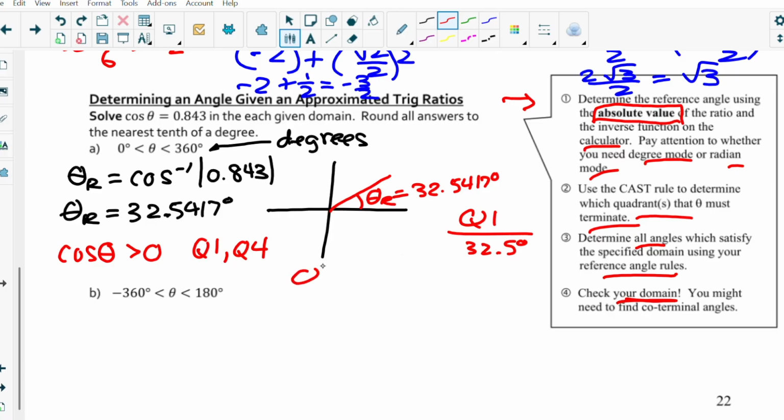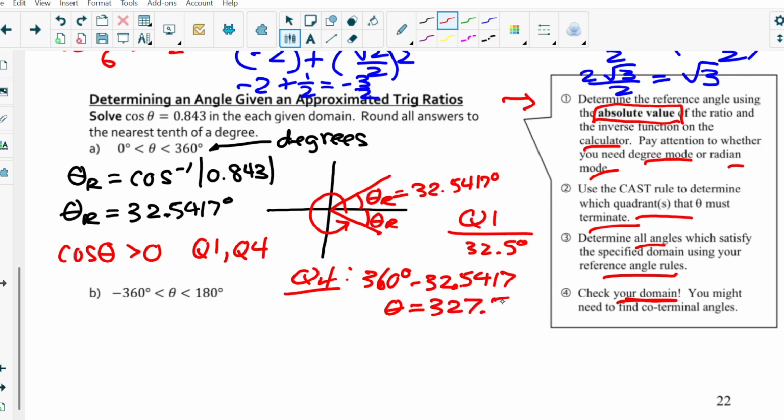In quadrant 4, we have to be mindful, it's 360 degrees minus theta r. Okay, 360 degrees minus 32.5417 equals a theta value, angle in standard position, of 327.5 degrees.